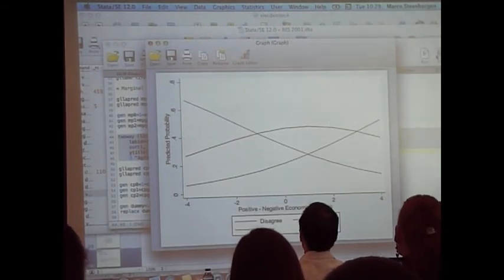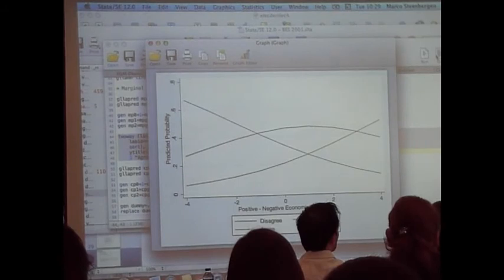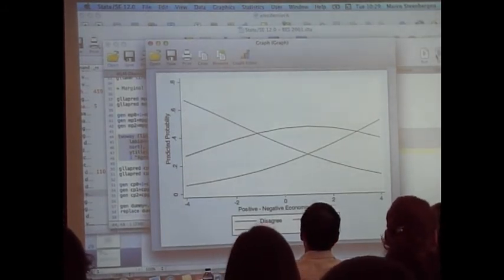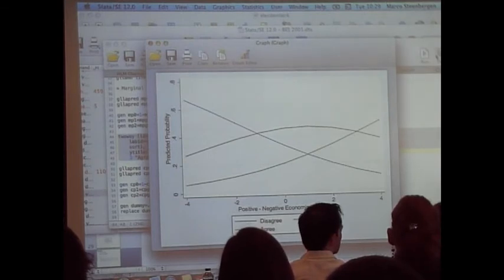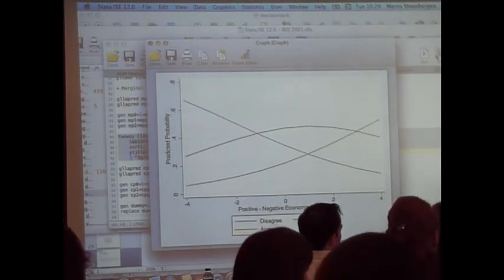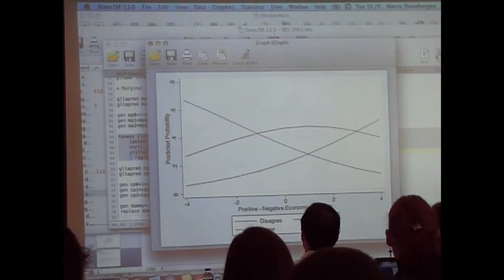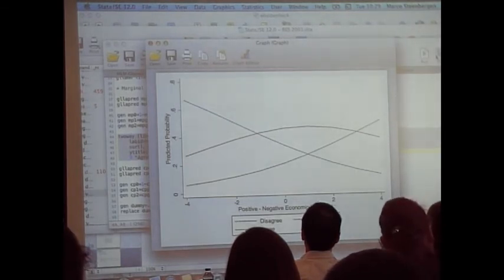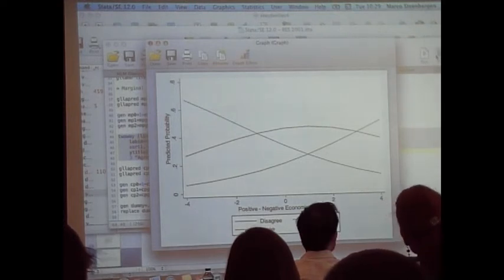And this graph is indistinguishable from the one that I showed you before. That is basically the same pattern, actually the same values on the vertical axis, so nothing all that interesting.